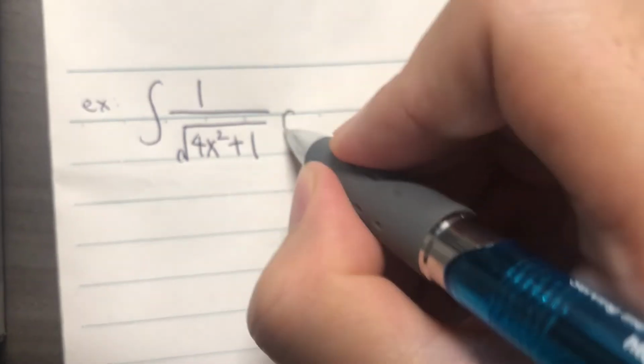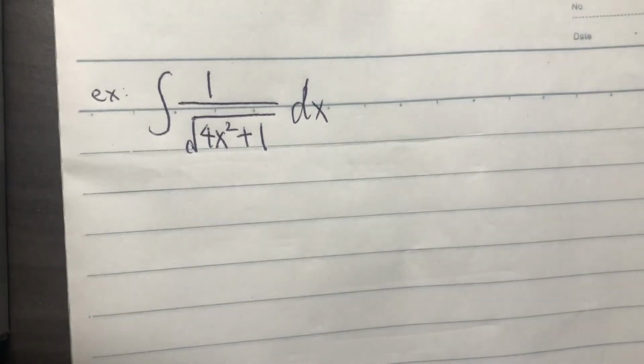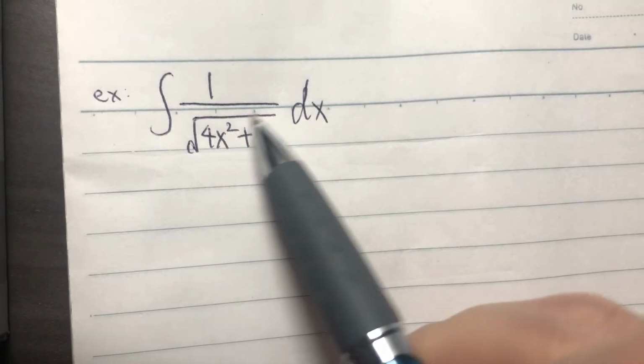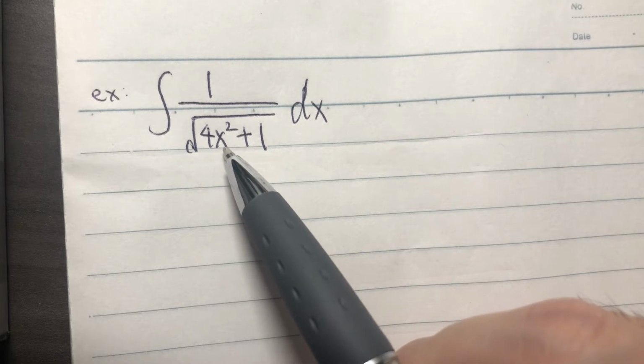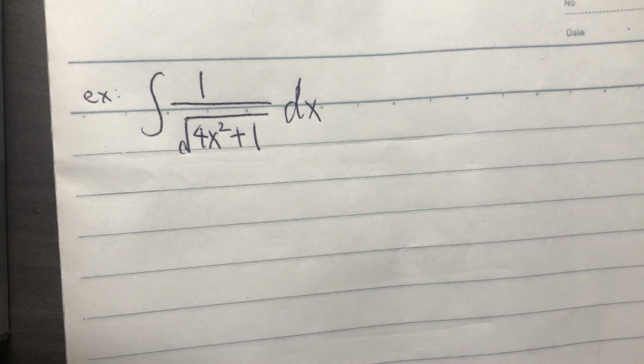Example: integral of 1 over square root of 4x squared plus 1 dx. So we observe there's a square root. Under the square root you have 4x squared plus 1.